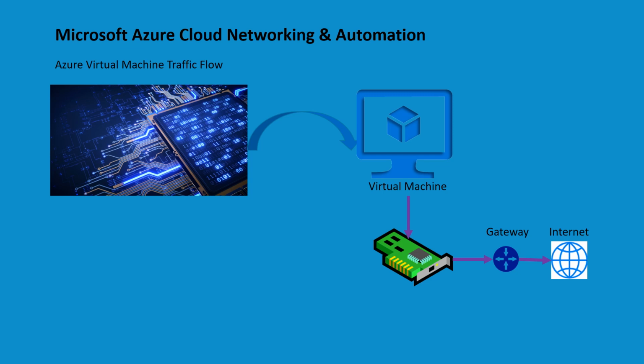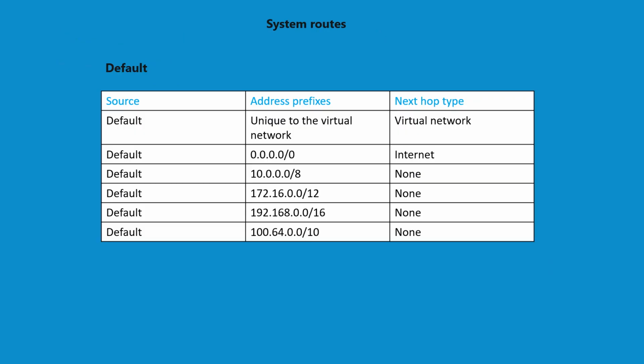However, if you want to reach out to the internet, you need to do some internetworking and you must have an understanding of routing, how the routing works here. Azure automatically creates system routes and assigns those routes to each subnet in the virtual network.